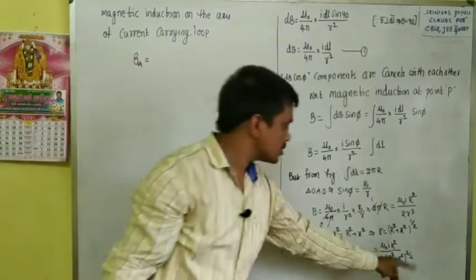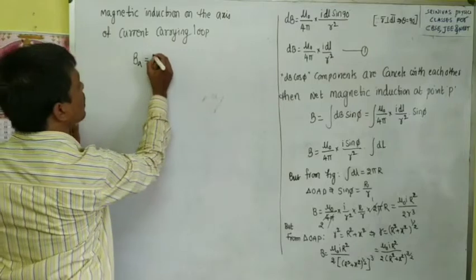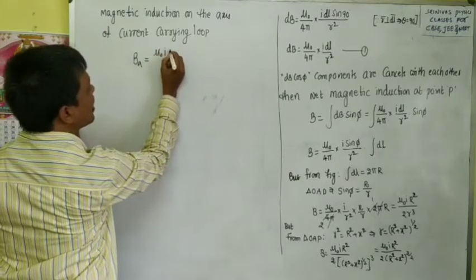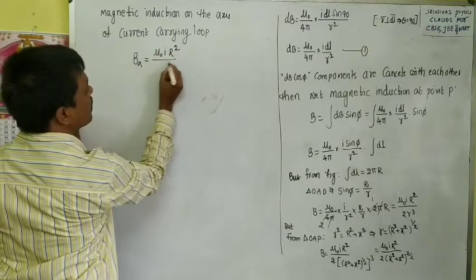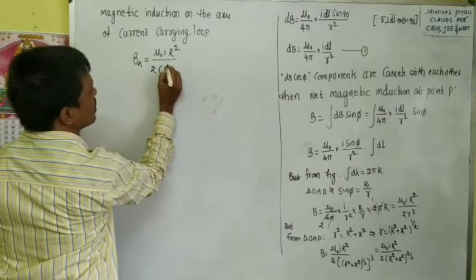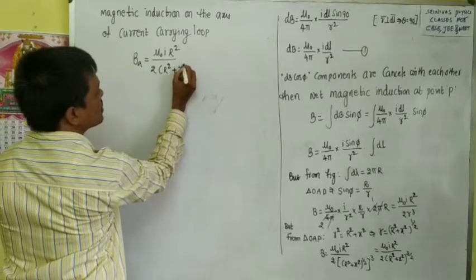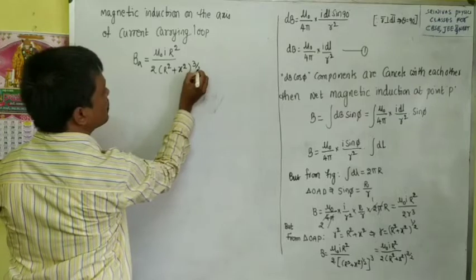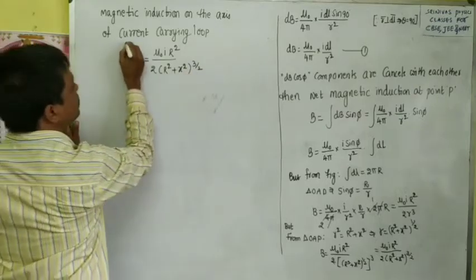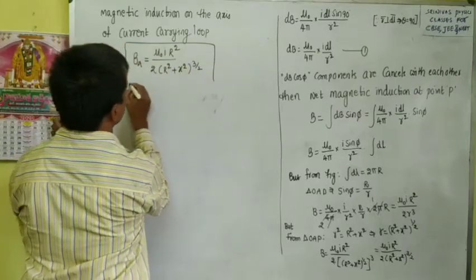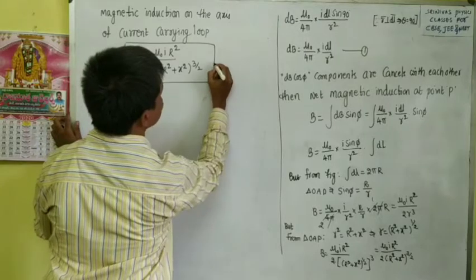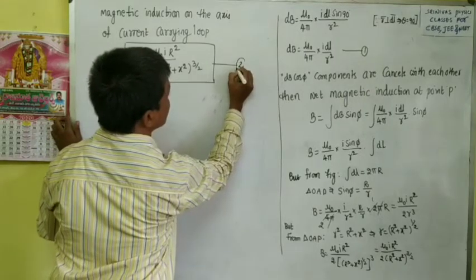Here we got μ0 I R square by 2 of R square plus x square whole power 3 by 2. This is the formula for the magnetic induction on the axis of current carrying loop.